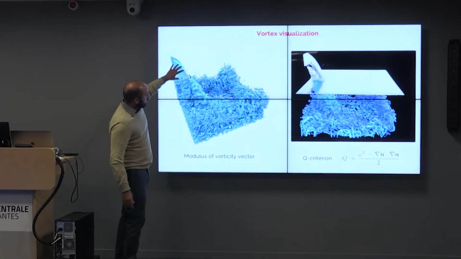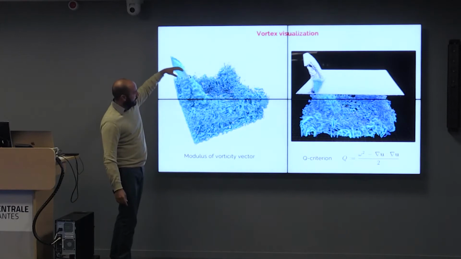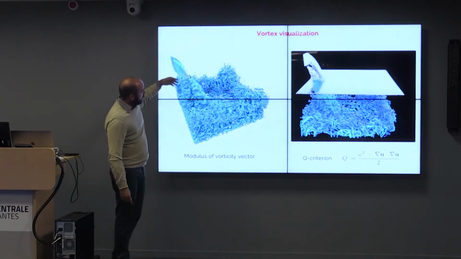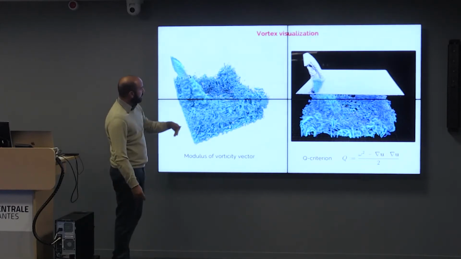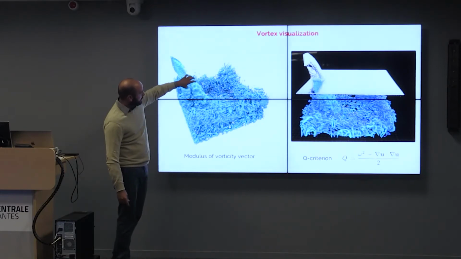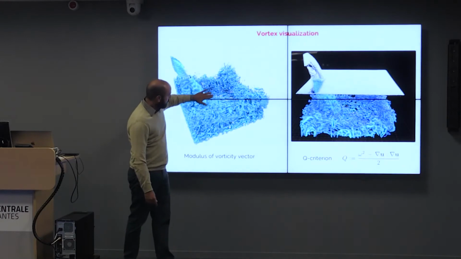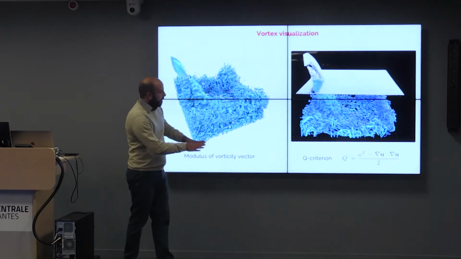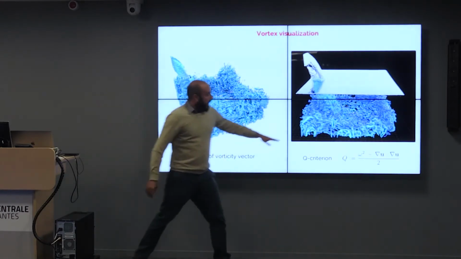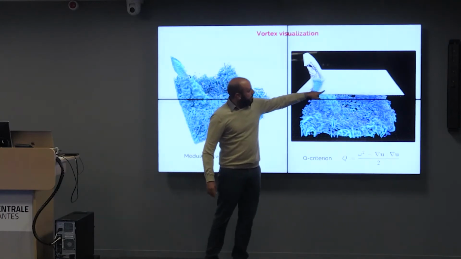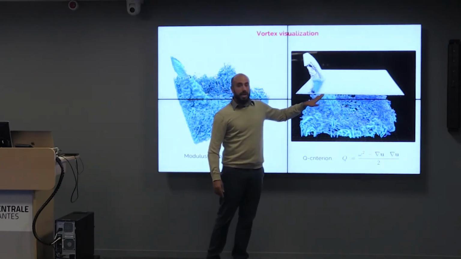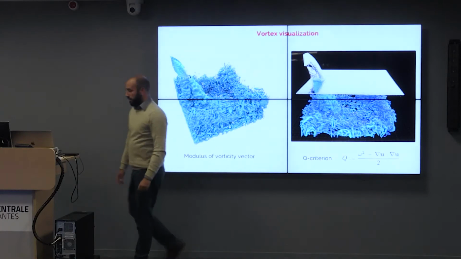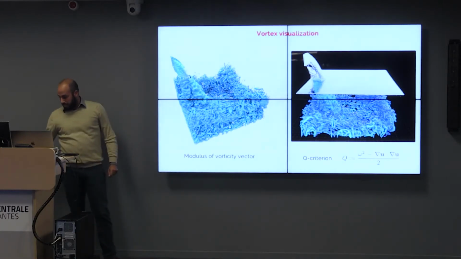Here you can see that the jet, while it entrains, goes inside the water and produces a lot of vortex structures, and these vortex structures go to the bottom and then along the walls. And here you can see that the free surface is mostly unaffected by this jet entrainment.